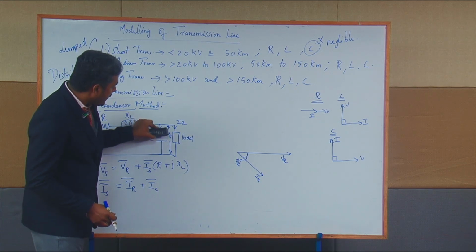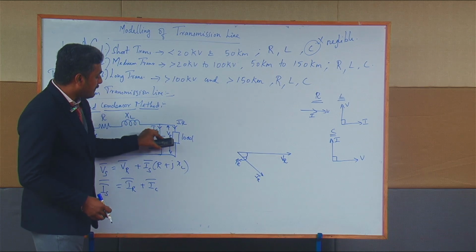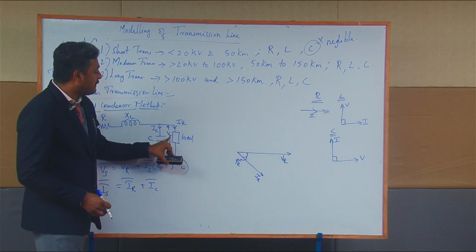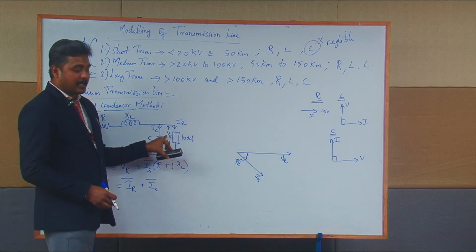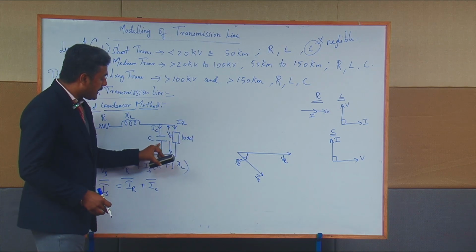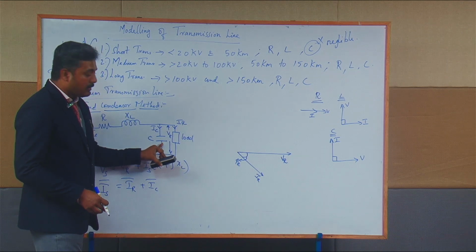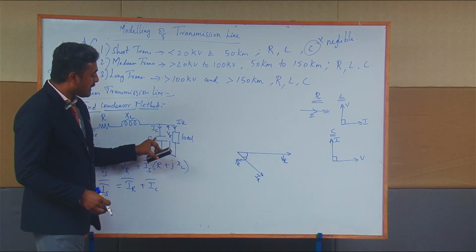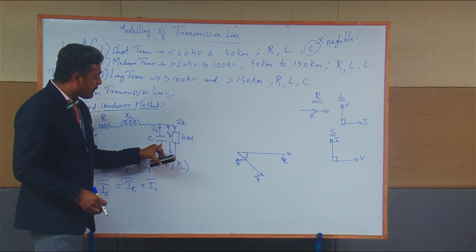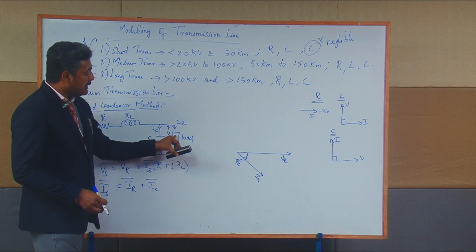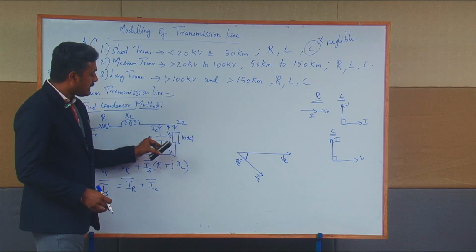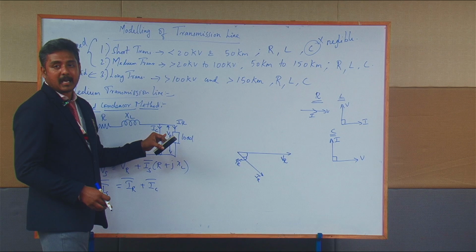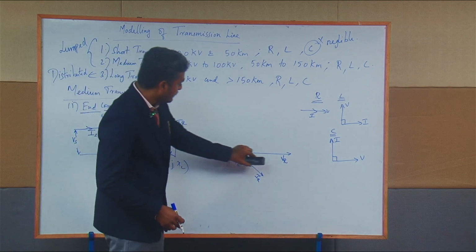The current flowing towards the capacitor leads the VR vector by 90 degrees. Why IC leads VR by 90 degrees: because it is a pure capacitor here, whereas the load has a predominant value of inductor. Therefore, IC leads the VR by the angle of 90 degrees.